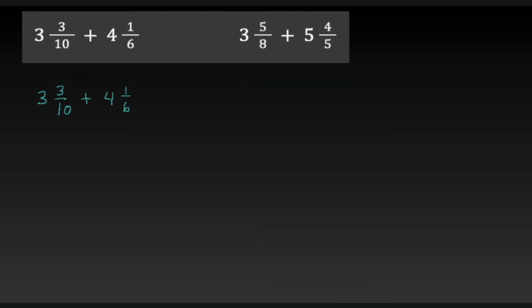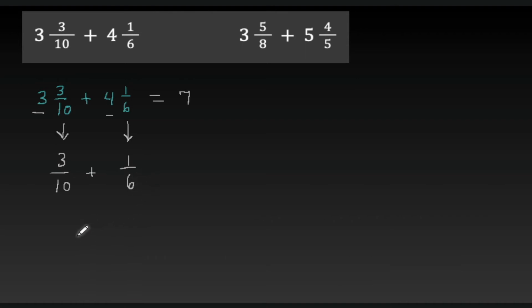Taking a look at the whole numbers again, we have the 3 and we have the 4 that can be added together. That gives us 7. So now we can actually bring down the fractions. 3/10 plus 1/6.